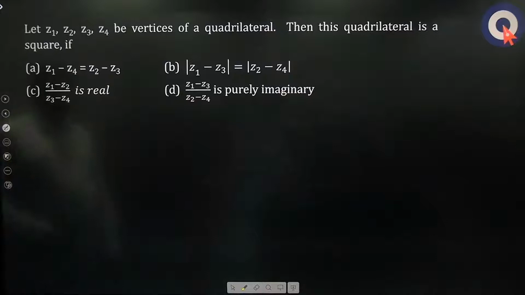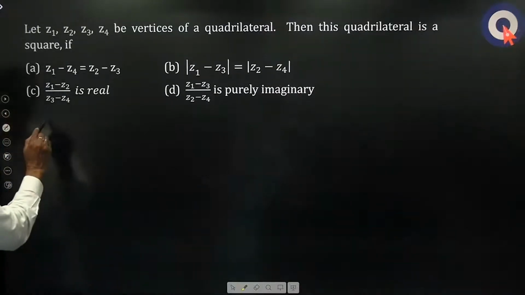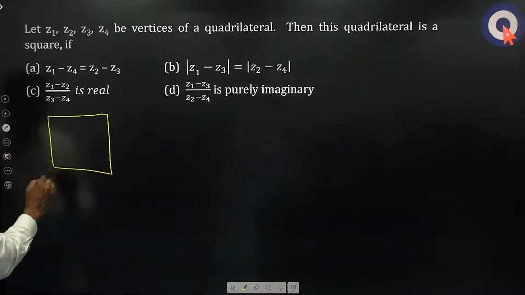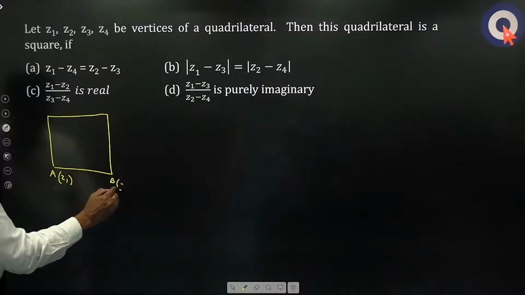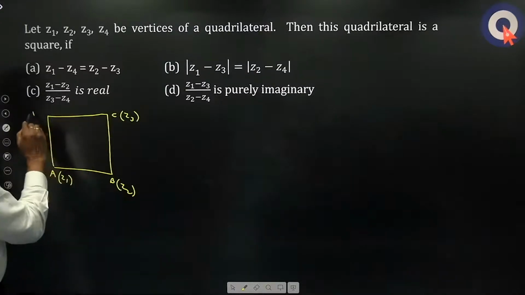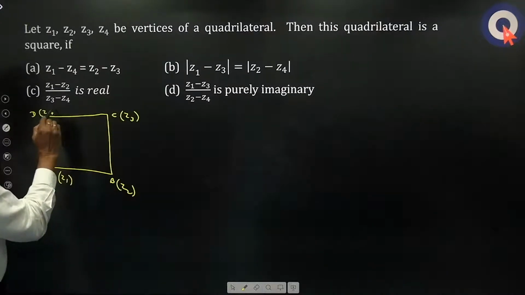All right. So let Z1, Z2, Z3, Z4 be vertices of a quadrilateral. Then this quadrilateral will become a square if, let us see these conditions, quite a direct problem. So let us say this is A Z1, B Z2, C Z3 and D Z4. All right.